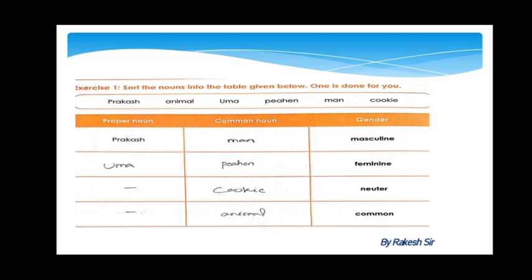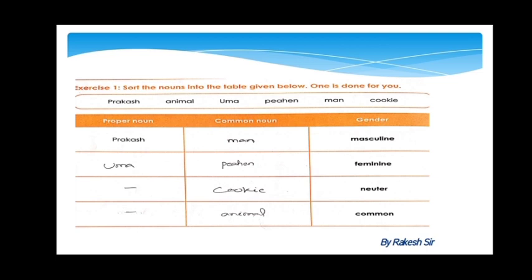I hope everyone did it. Just check it. If you did not, then write down the answers. Here it is written: sort the nouns into the table given below. You can see some names written: Prakash, animal; Uma, peahen; man, cookie.